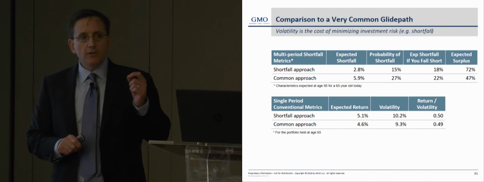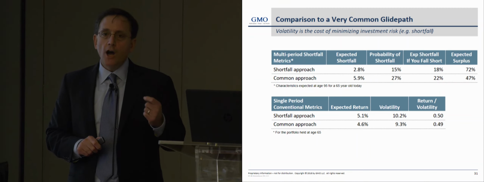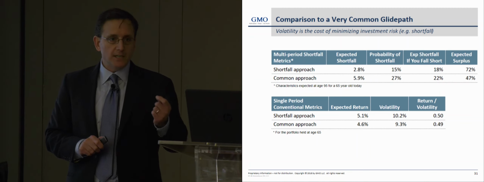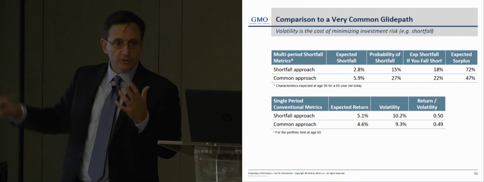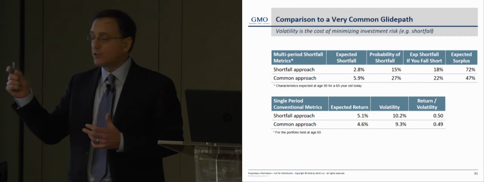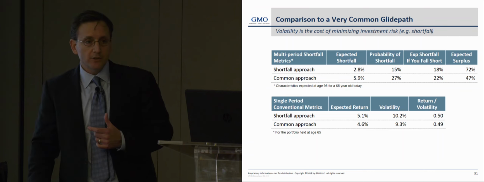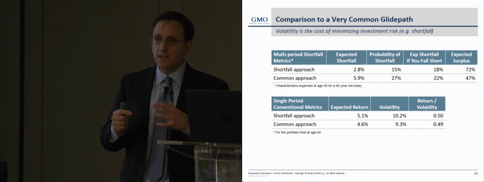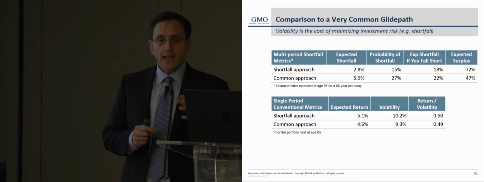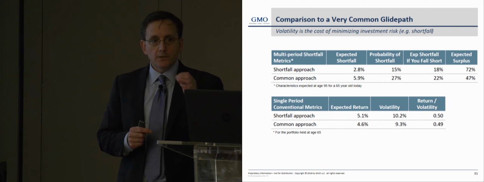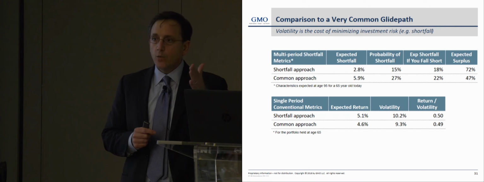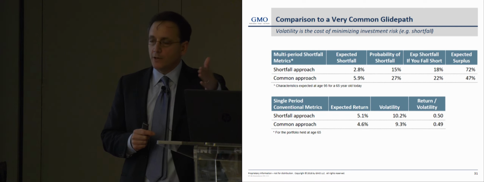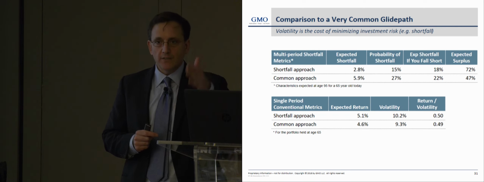So in order to understand the cost that you're bearing, or the price that you have to pay in order to have your cake, which is this lower expected shortfall, and eat it too, which is this higher expected surplus, let's go back to the conventional lens and ask, for the portfolio that we're going to own at age 65, what is the expected one-year return and expected volatility of that portfolio?